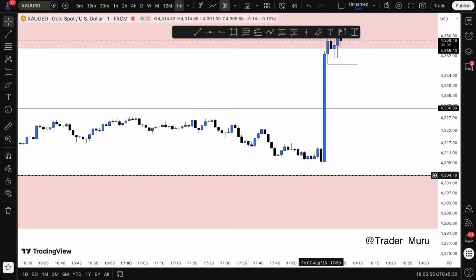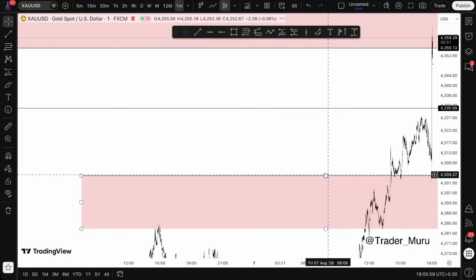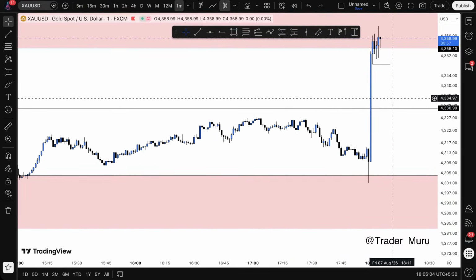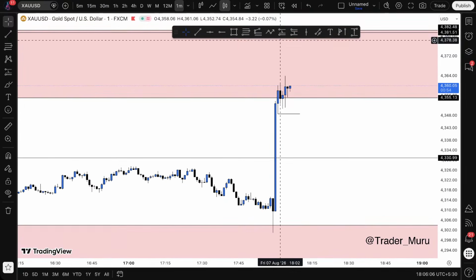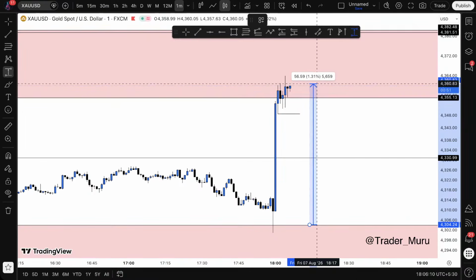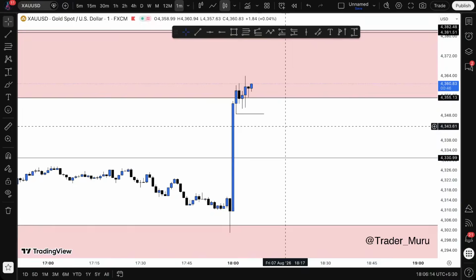Anyone who got this entry will be very lucky, because it just tested this area and started pumping. It was nearly a pinpoint test and a 600 pip pump, direct pump.